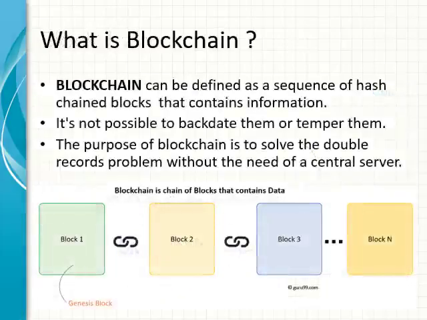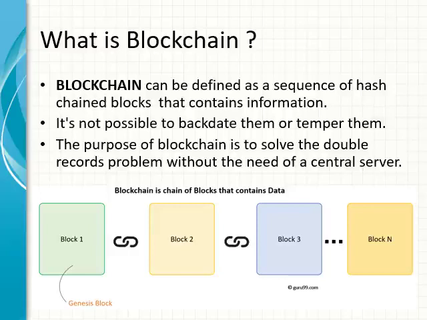So what is blockchain? In the previous lecture also we have seen this figure. Blockchain can be defined as a sequence of hash chained blocks that contain information, and it is not possible to backdate or tamper these blocks. Once the block is added, it is difficult to tamper with it.